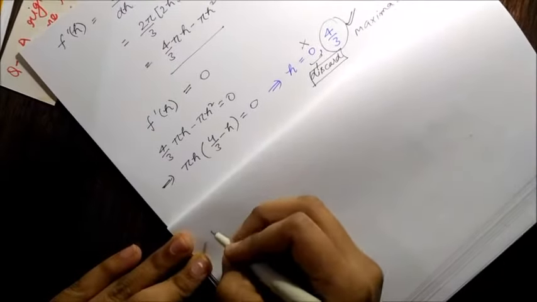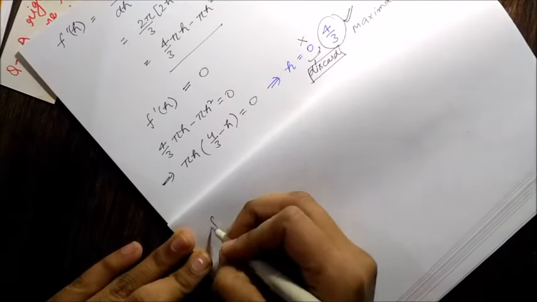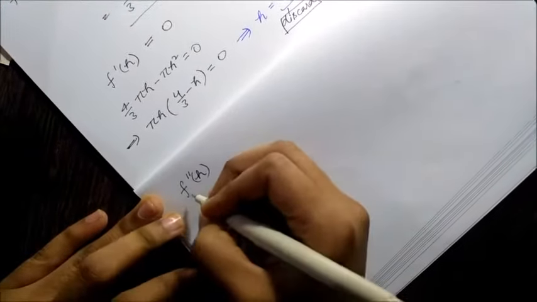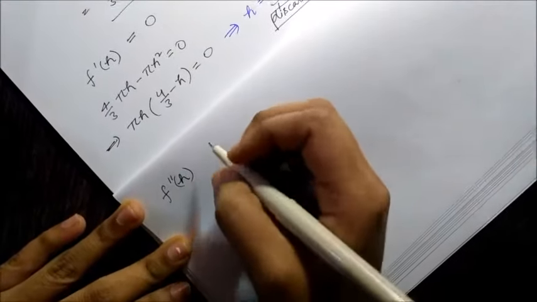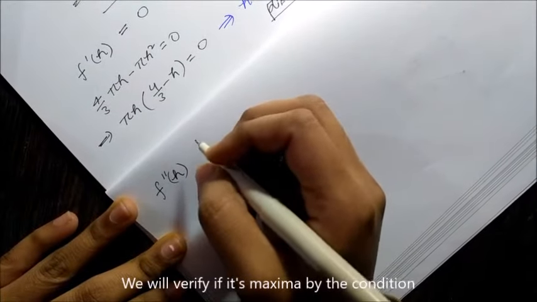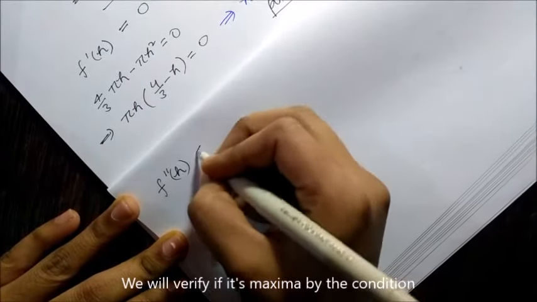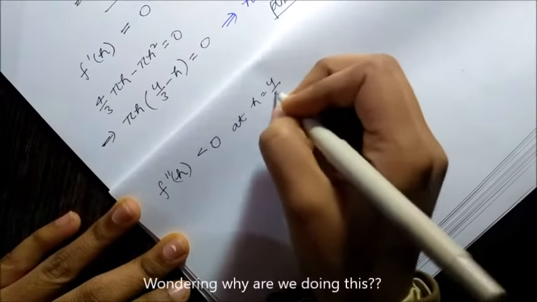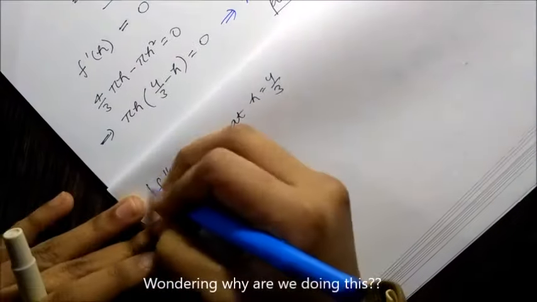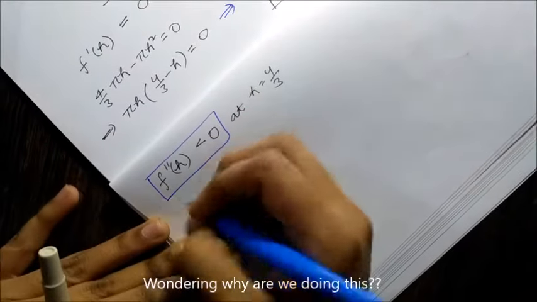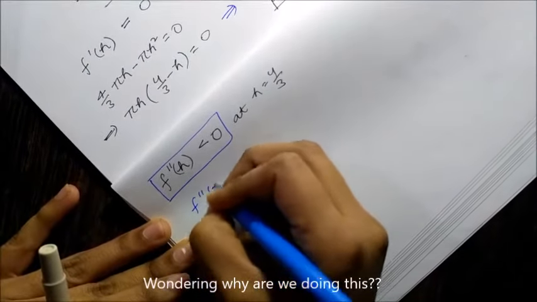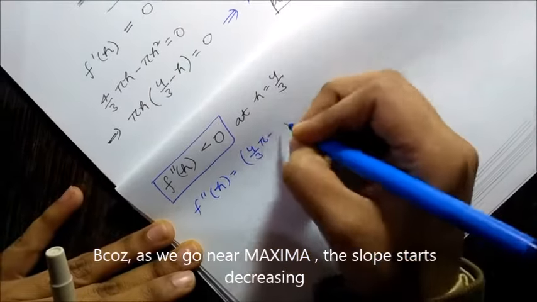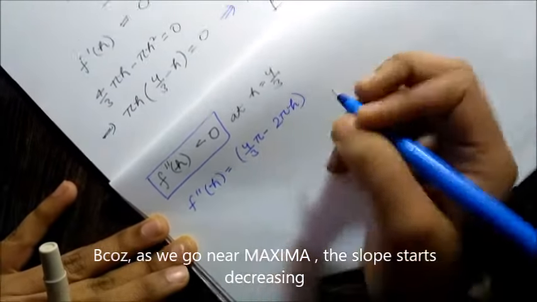For that, we will take the double derivative of f dash h because we know what the condition is. The double derivative should be less than 0 for a maximum point. You may be wondering why we are doing this: when we go near a maximum, the slope starts decreasing.